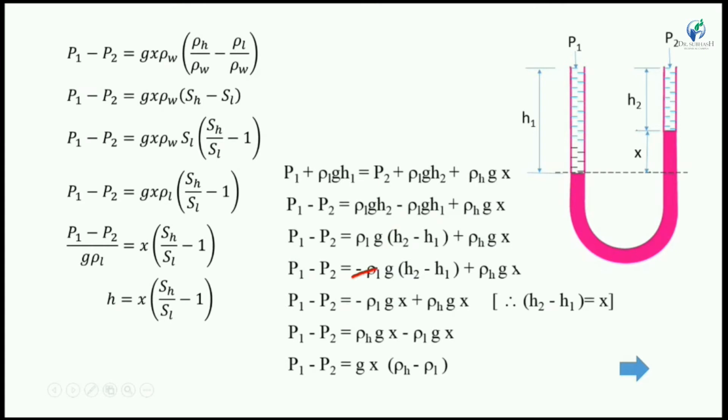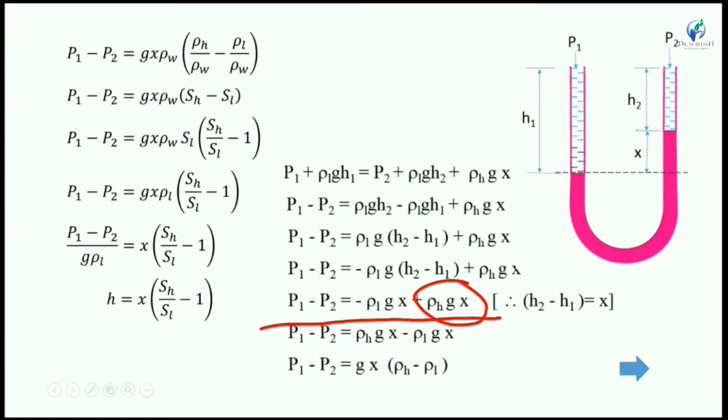Now we multiply by the minus sign in this term, so the signs of h1 and h2 are changed, so here h1 minus h2. h1 minus h2 is nothing but what is defined by x. So here in the bracket we put x. Okay, so P1 minus P2 is equal to minus rho 1 g x plus rho H g x.